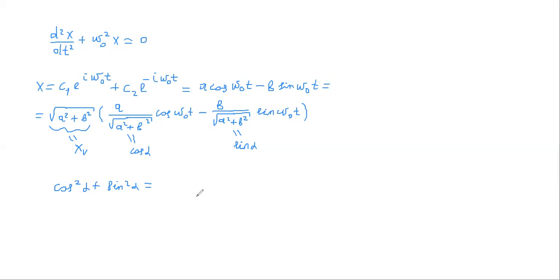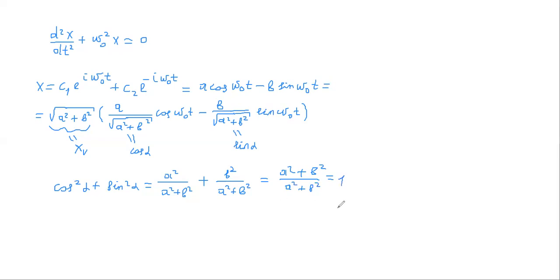So let's check this equation in our substitutions. A to the power of 2 plus b to the power of 2, divided by a to the power of 2 plus b to the power of 2, is equal to 1.